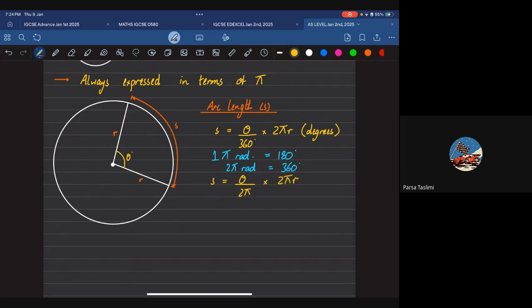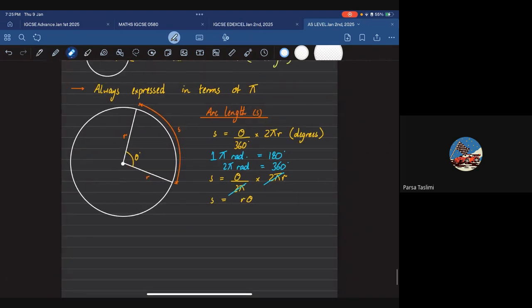Now the two pi's cancel out. So your final formula becomes really basic, and actually easier than the one you were taught in degree mode: arc length is equal to r times theta, your radius times theta. That's the formula that you need to know for this.